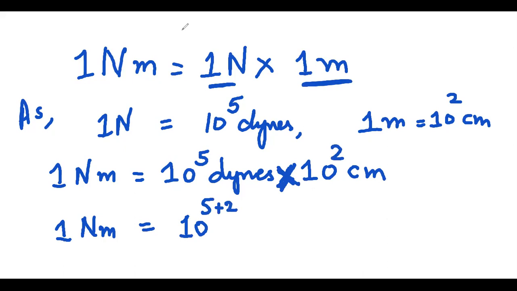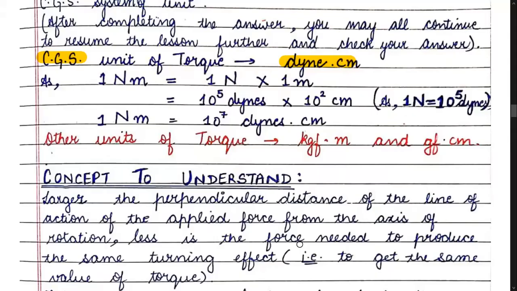So 5 plus 2, 7. Very good. So 1 Newton meter is equal to 10 raised to power 7 dyne centimeter. This is the conversion between SI and CGS units of torque or moment of force.